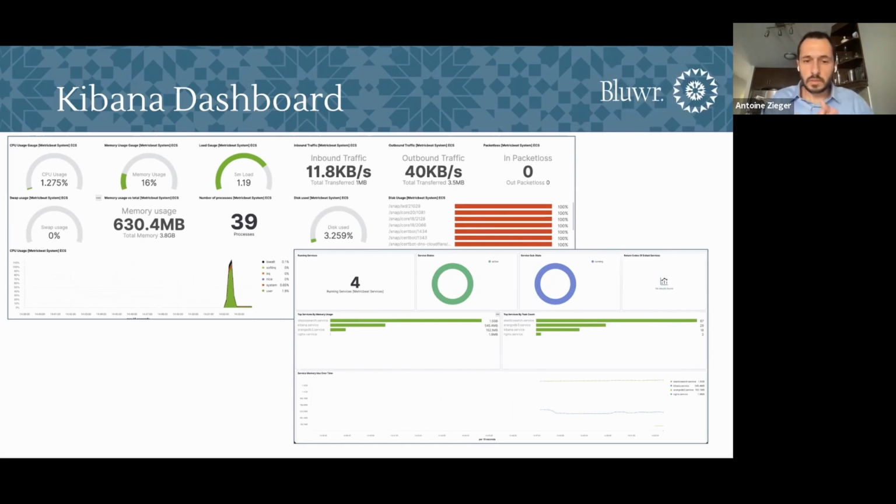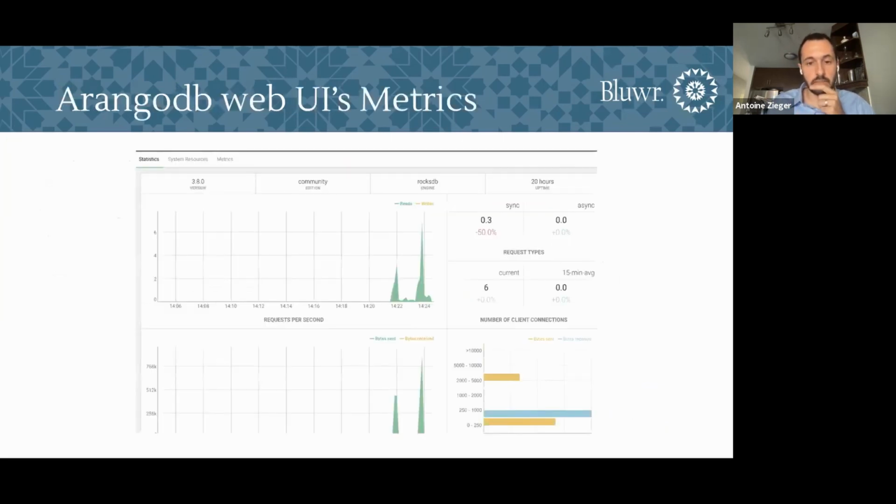Now, all this is really interesting, but this only gives us data about our server, right? We still don't have any information about how ArangoDB is doing. As most of you know, ArangoDB has very useful metrics in its web UI, telling you how ArangoDB itself is doing.